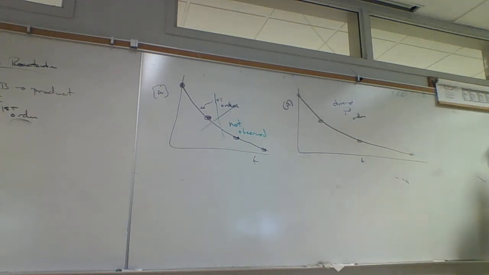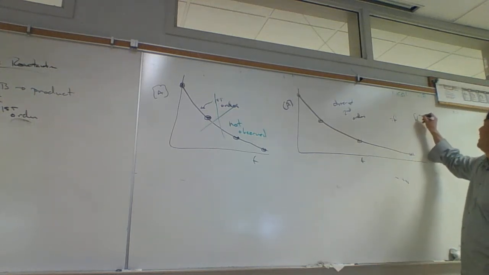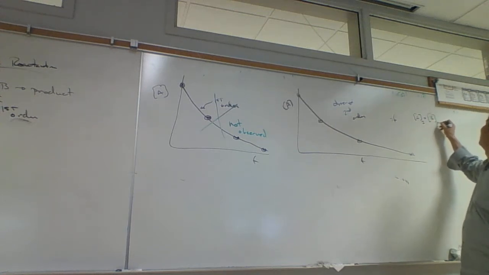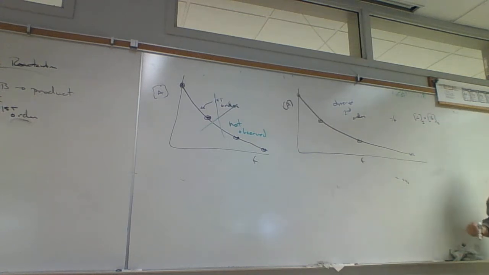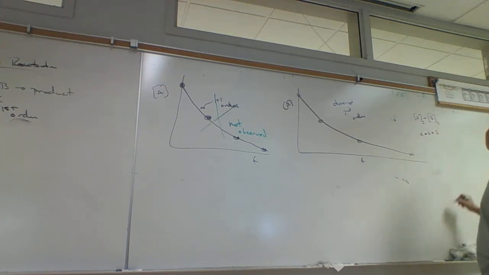This is what we observe if A initial and B initial are the same. If we start off with A and B the same and it's a 1-to-1, little a equals little b, which is equal to 1. And so what we have is something like this. A plus B goes to product.